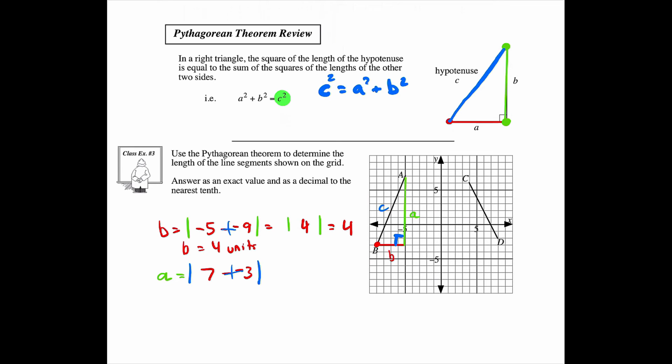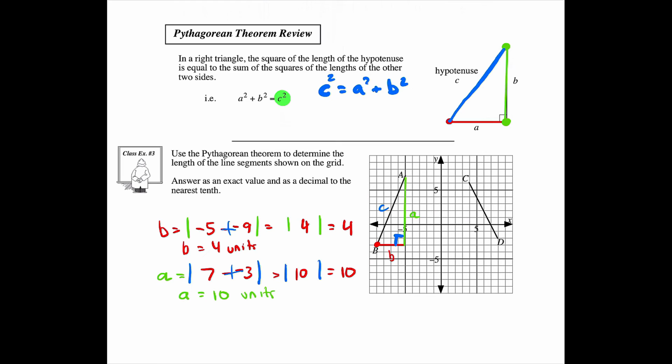So I've got this equaling the absolute value of 7 plus 3, which is 10, and the absolute value is 10. So for the line segment that we're calling A right here, that is going to be 10 units.